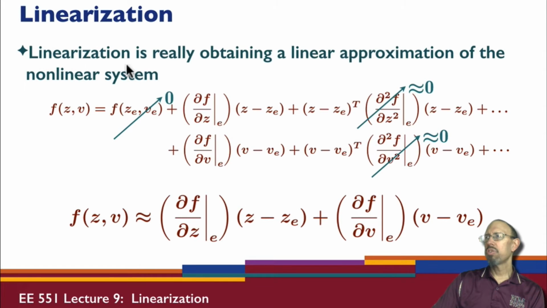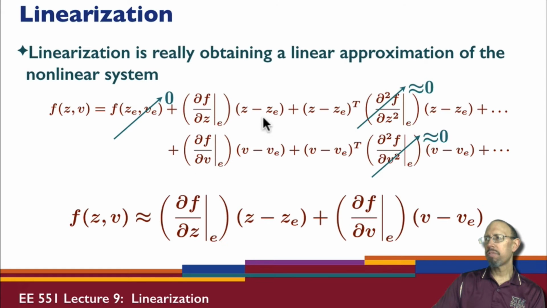All right, so linearization is really obtaining a linear approximation of the nonlinear system. Here's our Taylor expansion. Notice that this first term here, f of ze and ve, since ze and ve are associated with an equilibrium, this term goes away. Now we're also going to reject all the higher power derivatives, second derivatives, third derivatives, and so on.